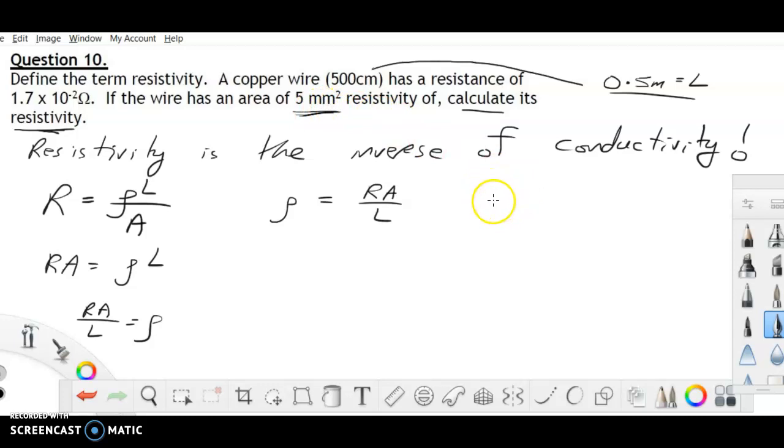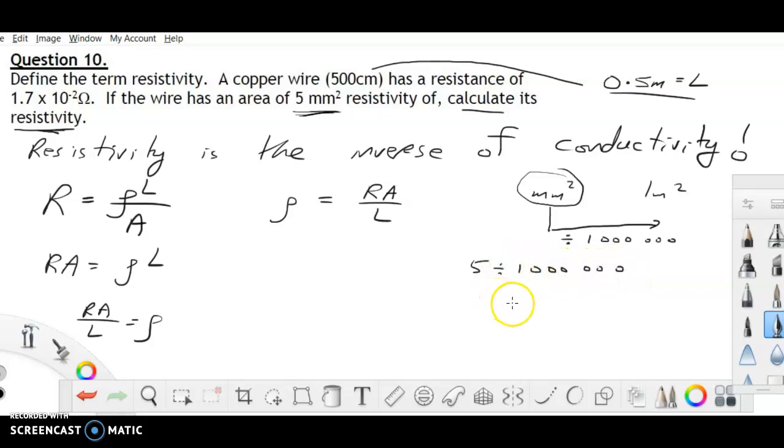Now there's 1,000,000 millimeters squared, there's 1,000,000 of them little guys in each 1 meter squared. So to transform your figure from millimeters squared to meters squared, we have to divide by 1,000,000. Right? So it's going to be 5 divided by 1,000,000.